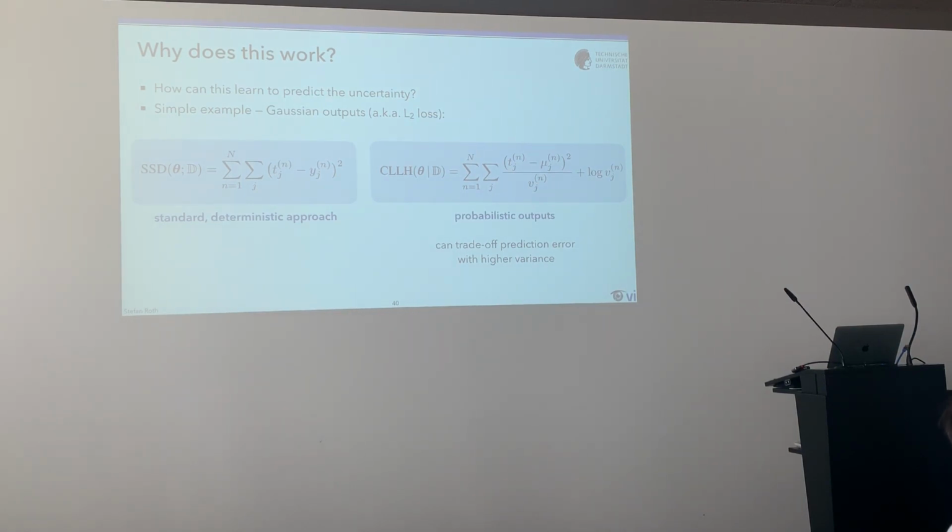If it knows that it's correct, it should output a small variance, because then this small distance will be rewarded. But if the network is off, then you want to output a large variance, because then you have a large distance here, and you want to mitigate that. Okay? So you don't need an additional supervision signal, just the log likelihood, and that automatically takes care of it.